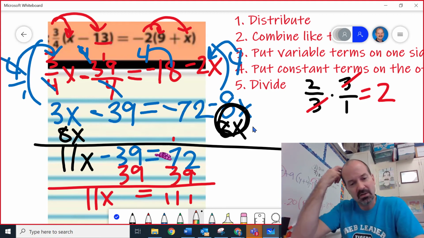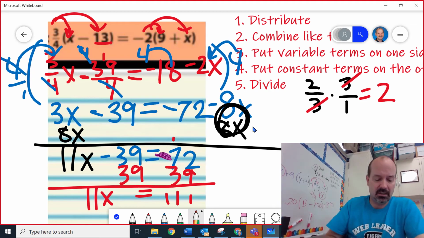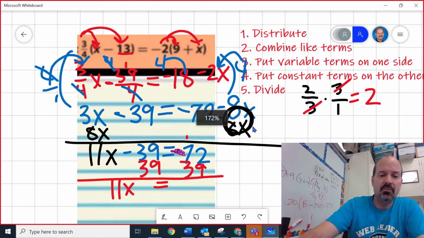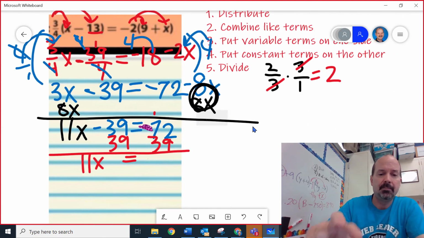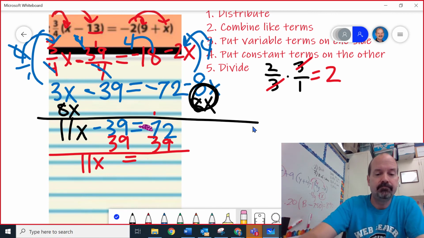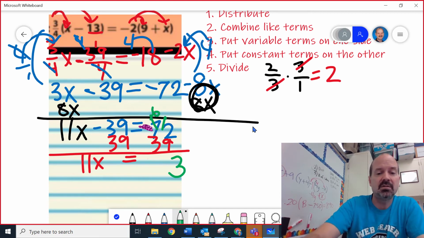And negative 72 plus 39, you'd end up subtracting. So let me erase my 111 here. That's wrong. And let me make a little more room for scratch work. Try again. So this becomes 12, take away 9 is 3. And 7 take away 3 is, oh, got to borrow from the 7, make it 6, take away 3 is 3.